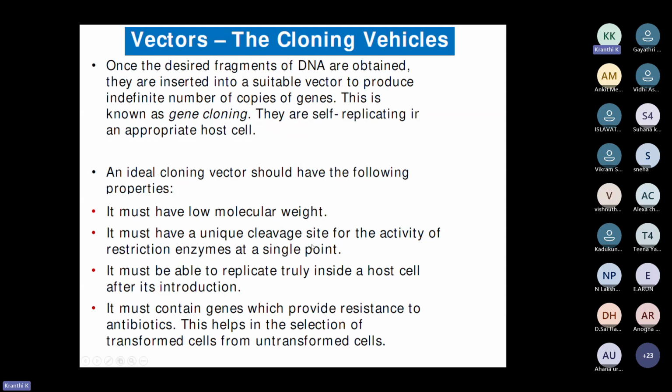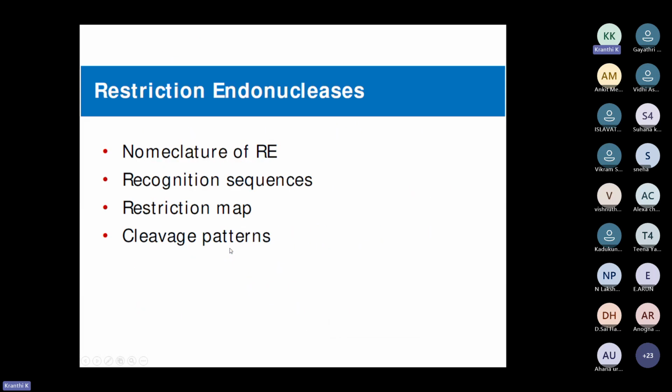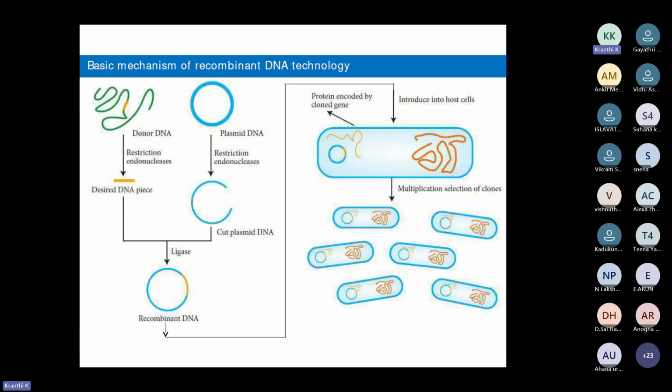Then it must have a unique cleavage site for the activity of restriction enzymes at a single point, because wherever you cut, in that place only you have to insert. This part should be inserted here, means the sequence should match, right? The same restriction endonuclease you have to use here and the same restriction endonuclease you should use here. So it cuts at the same place so that this sequence can be added here, right?